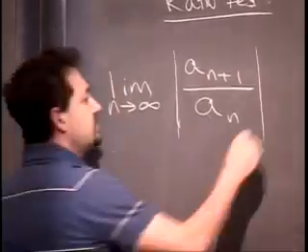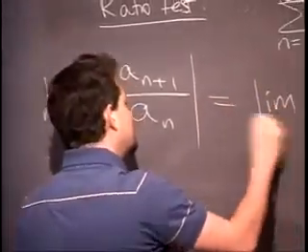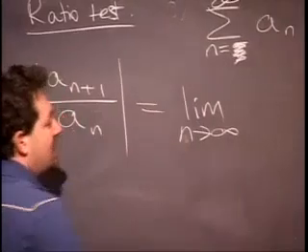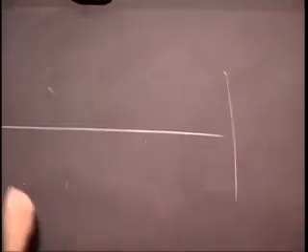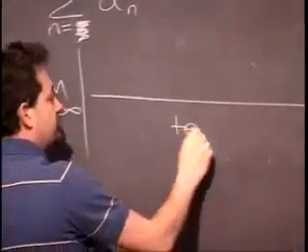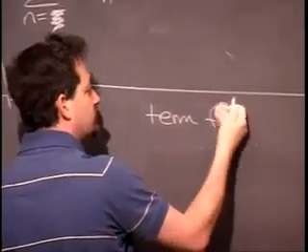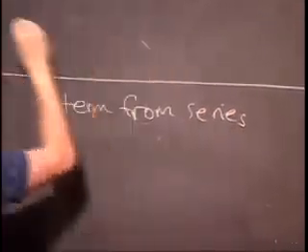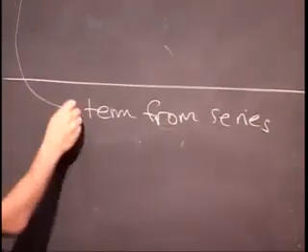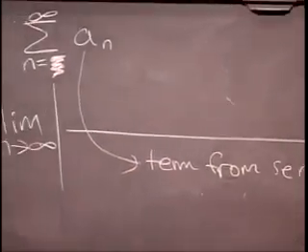Then you write the limit as n goes to infinity, and you'll normally need a big fraction bar right over here, because what you're going to do is fill in the term from the series. So you just copy it down there.